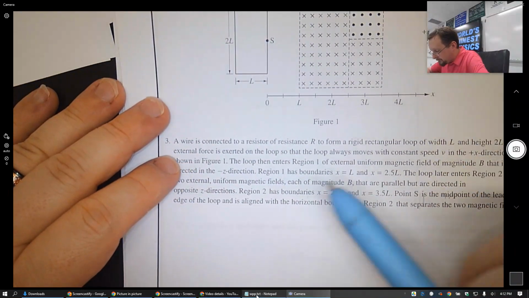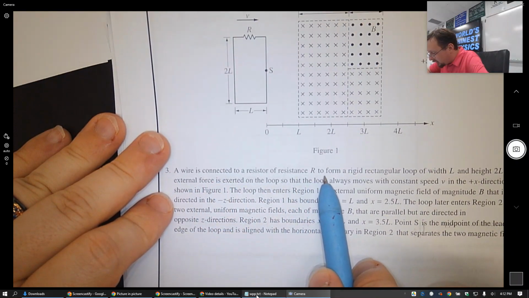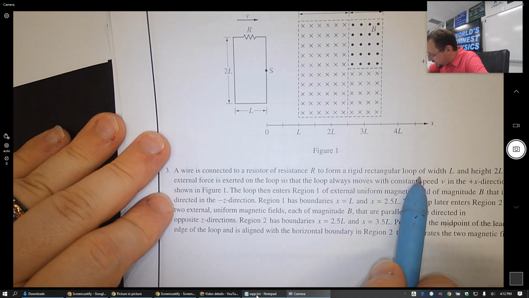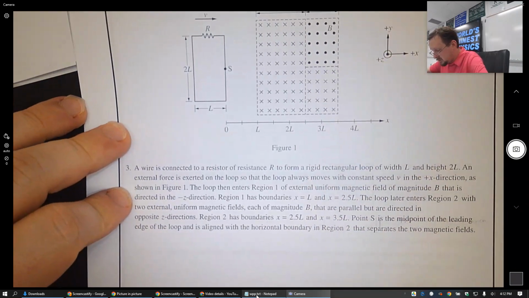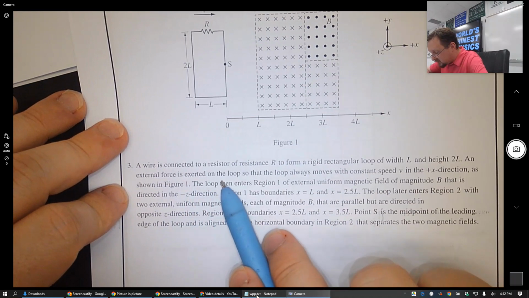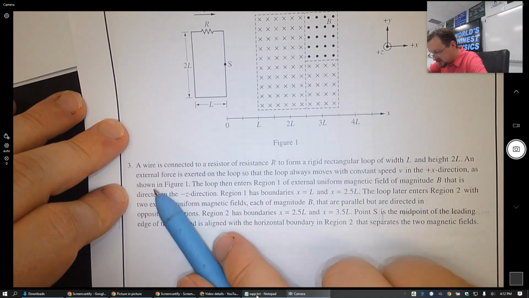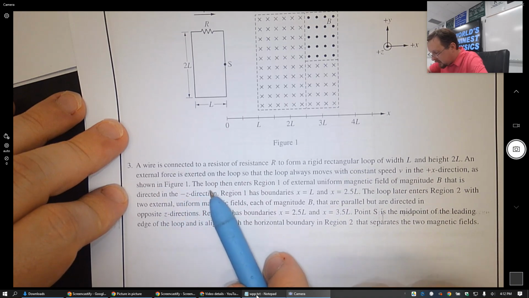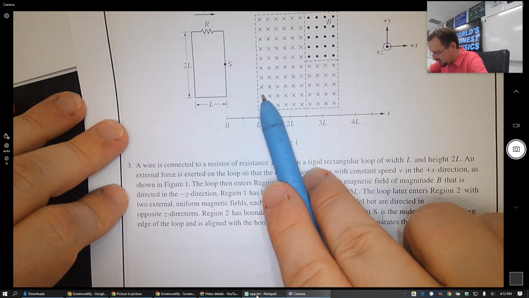What's going on here? A wire is connected to a resistor of resistance R. A rigid rectangular loop of width L and height 2L. An external force is exerted on the loop so that the loop always moves with a constant speed in the positive X direction. The loop then enters region 1. You don't need an external force until you enter the region.